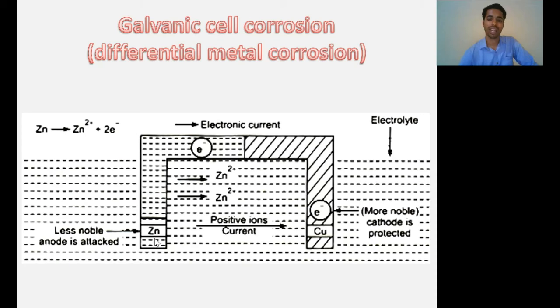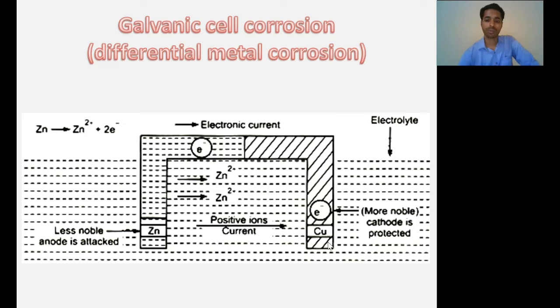Zinc is the metal at the anode, so the reaction is zinc giving Zn2+ ions into the solution and 2 electrons. Zinc metal will start dissolving in this region by giving electrons, and these electrons will be transferred through the metal towards the cathode. The cathode here is copper, and copper cannot be further reduced by accepting these electrons.